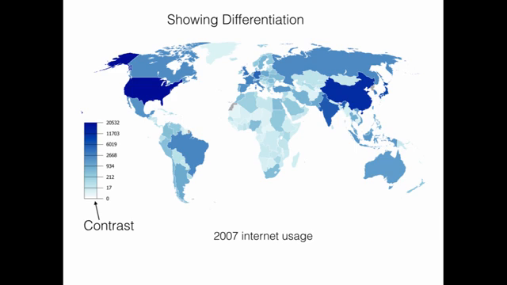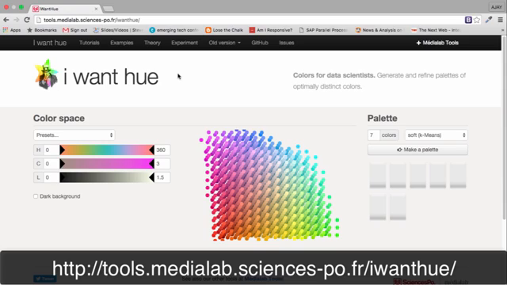You don't need to use too many colors because sometimes it's overkill. So in certain requirements where you want to show a variation in one parameter, it's always better to use a contrast. So this website is very helpful if you want to create a color palette.